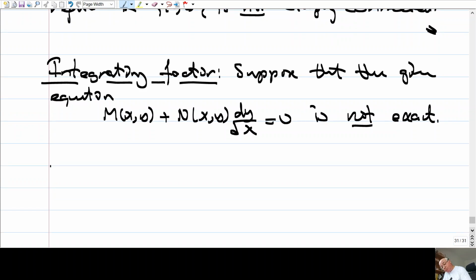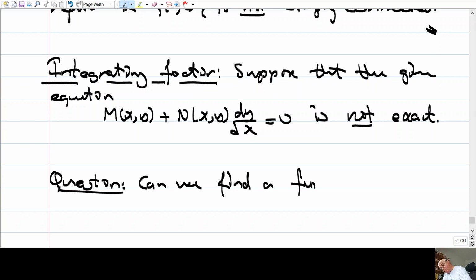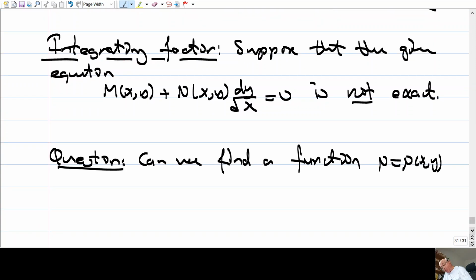In this case, we may try to do something of that kind. So, the question is, can we find a function like the one in the linear equation case, but this time we ask for this function to be a function of two variables because we are taking derivatives with respect to both variables.